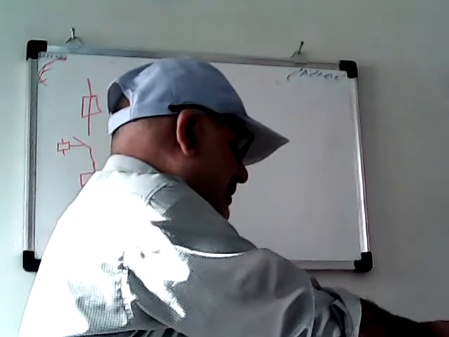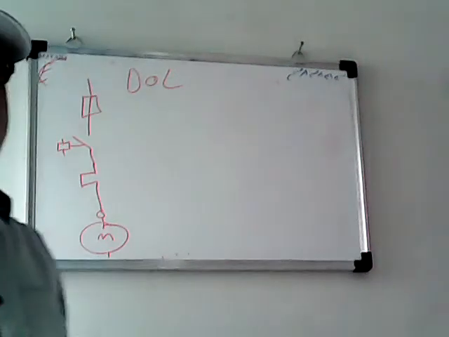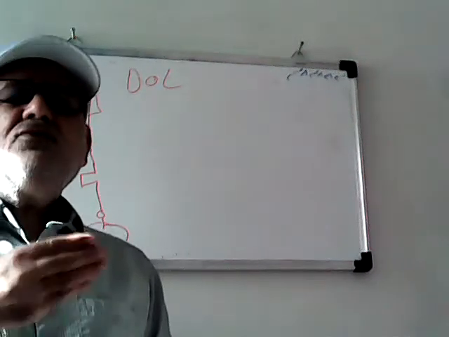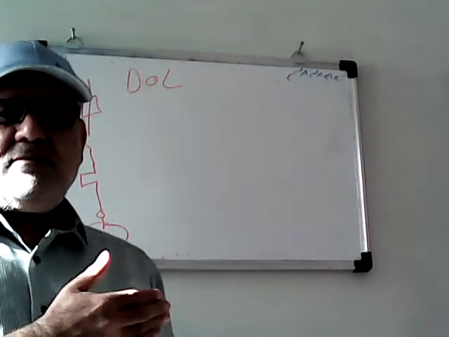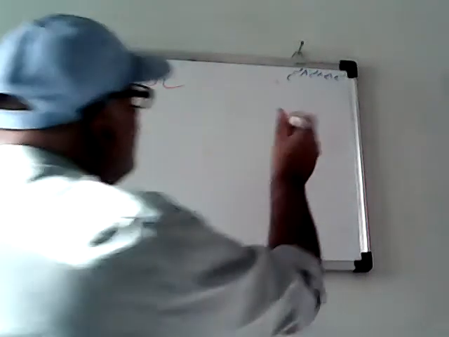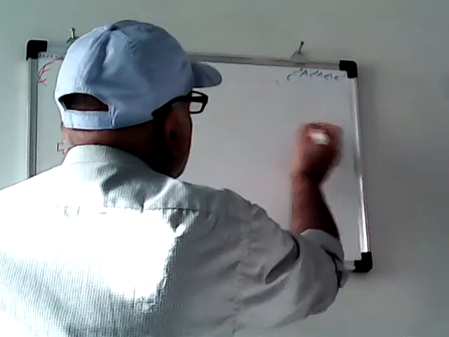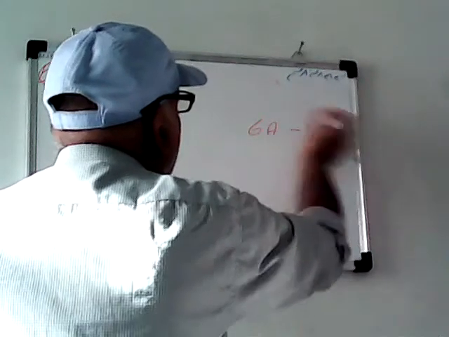In this way, for motors up to 2 kilowatts, the fractional rate electromotors, you choose fuse 4 ampere, 6 ampere.